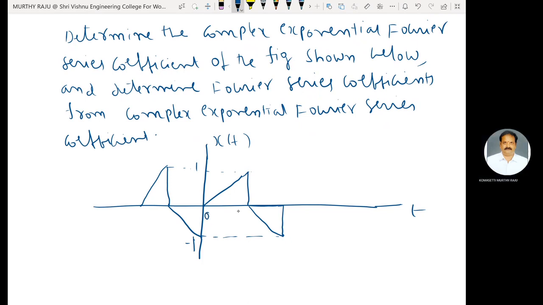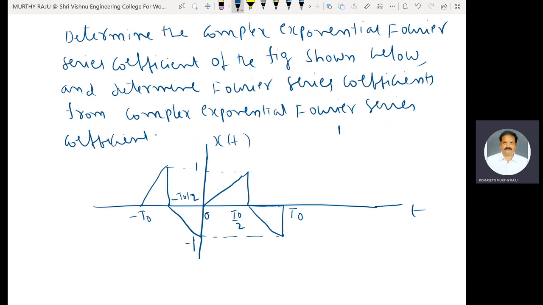Here 0, here T naught by 2, here T naught, minus T naught by 2, minus T naught.